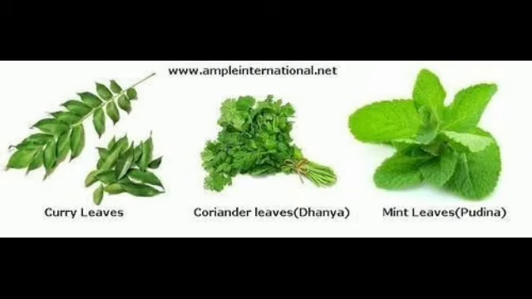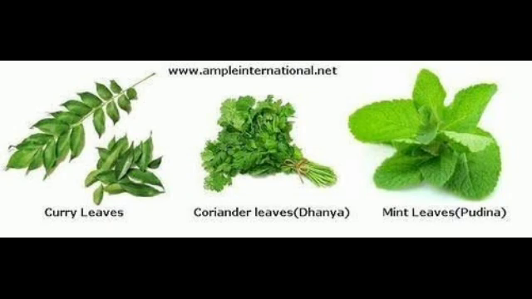Herbs such as coriander and mint leaves have a thin and weak stem. If you take coriander, we use it for food purposes, right? We are using the stem for food purposes, and in that case it has a thin and weak stem.